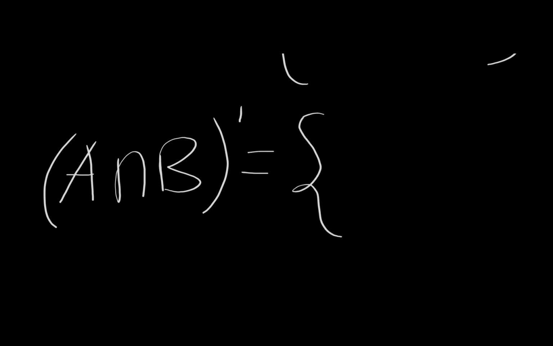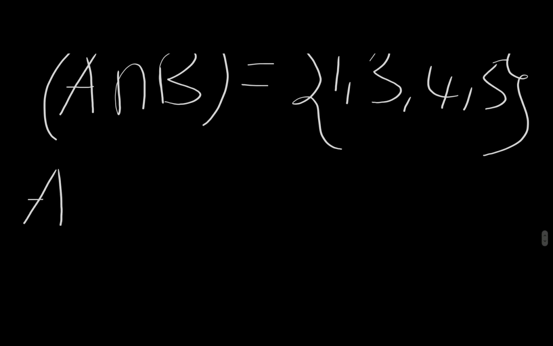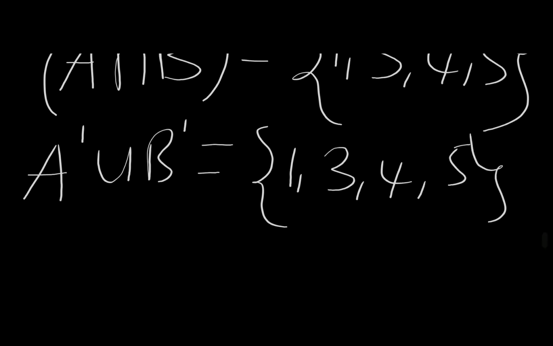As you can see, (A intersection B) all prime is equal to 1, 3, 4, and 5. And also A prime union B prime is also equal to 1, 3, 4, and 5.